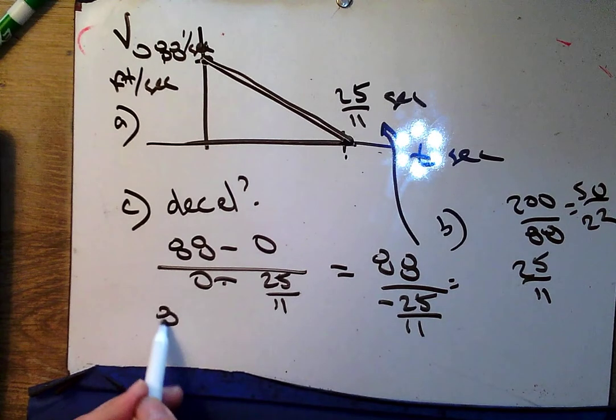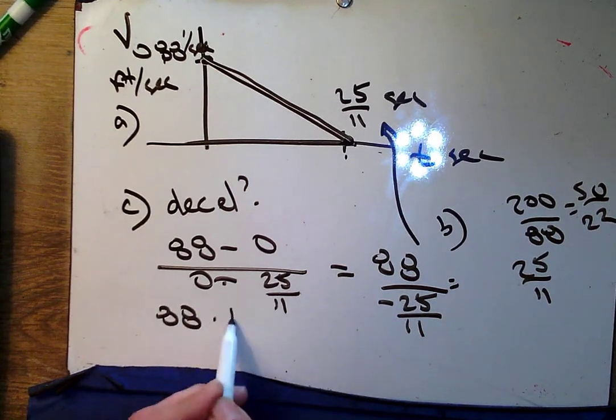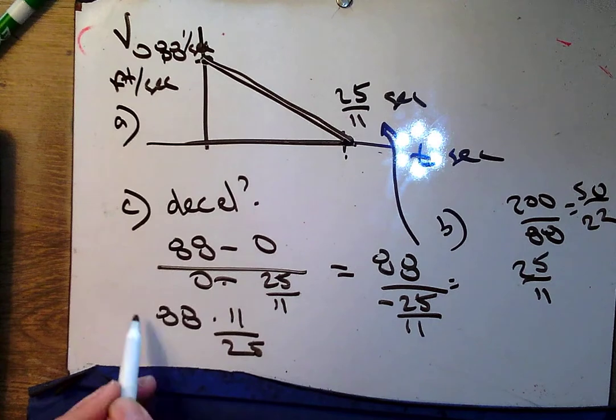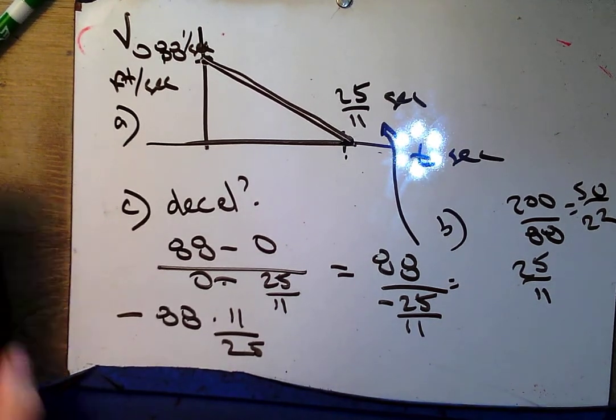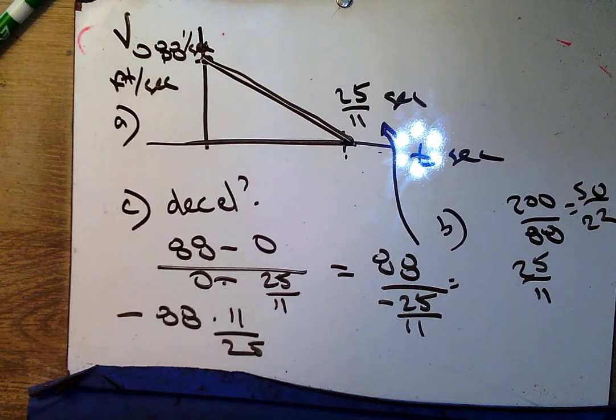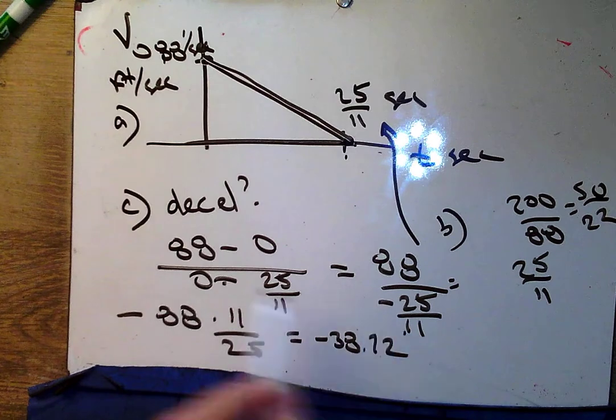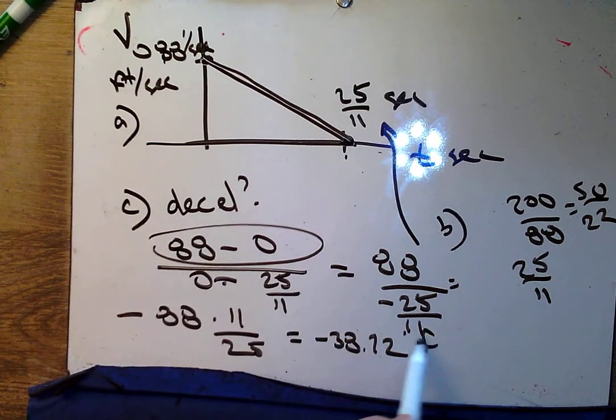And so that's going to be 88 times 11 over 25. And this is a negative number. That seems big. 88 times 11 divided by 25 is negative 38.72.